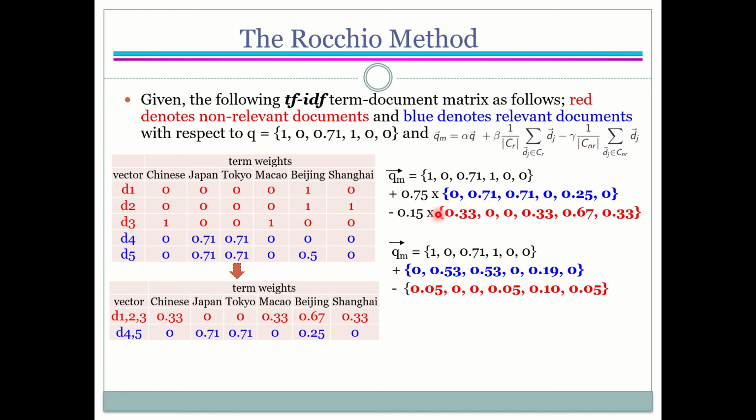When we simplify them, we finally get this modified query. These are the weights that will be used to represent the vector of the modified query.